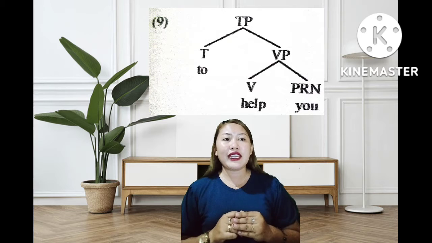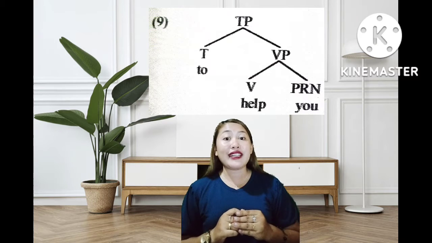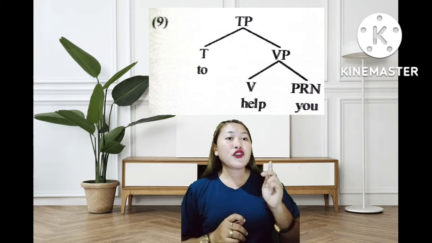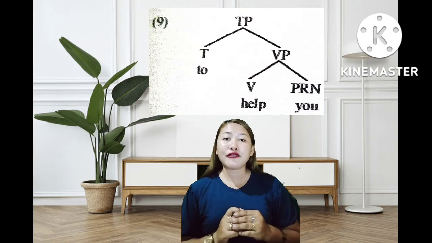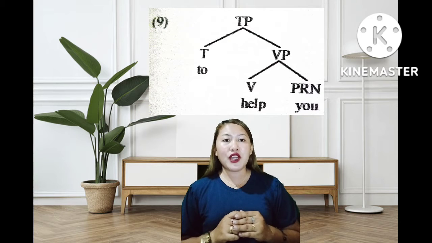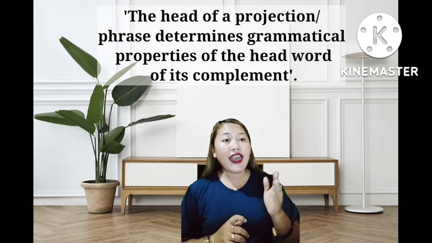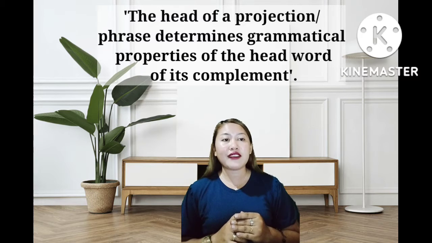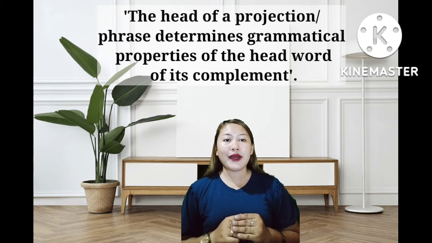More specifically, to requires the head verb of its verb phrase complement to be a verb in its infinitive form, so that we require the infinitive form of the verb after infinitival to. Refining our earlier observation somewhat, we can therefore say that the head of a projection or phrase determines grammatical properties of the head word of its complement.